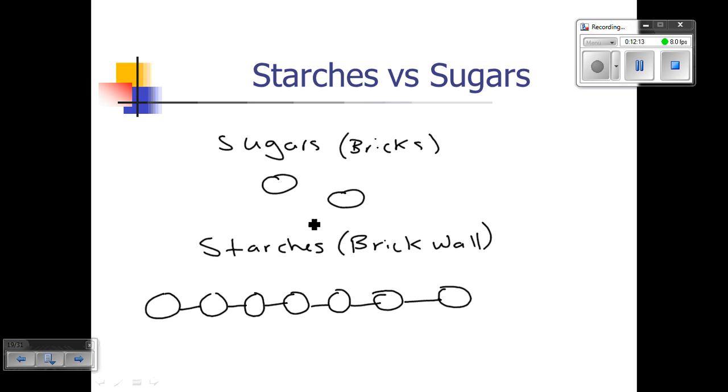Okay, now as you can see, because starches are a little bit larger, they're probably going to take a little bit more time to break down. And that's why when you eat pasta and you then go and play football or basketball or whatever sport you play, if you eat pasta right beforehand, you're not going to get a lot of energy from it. You need to actually eat it the night before.